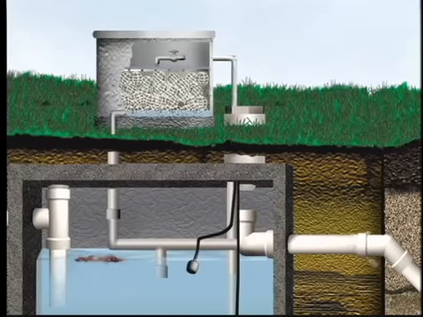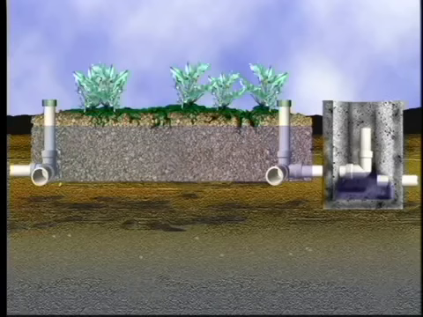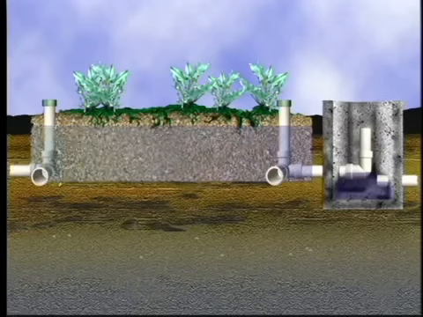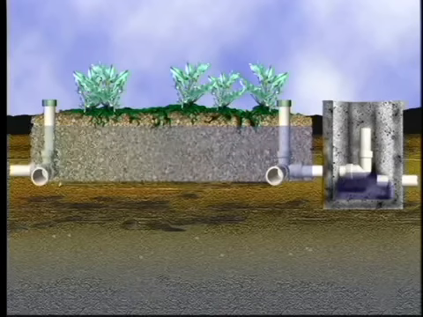The wetland consists of a bed of graded stone, with water flowing just below the surface. Aquatic plants are grown in this bed, feeding on the nutrients, organic matter, suspended solids, and pathogens in the effluent. The bed is set in an earthen basin lined with compacted native clay, bentonite clay, concrete, PVC, or a similar water-tight substance.